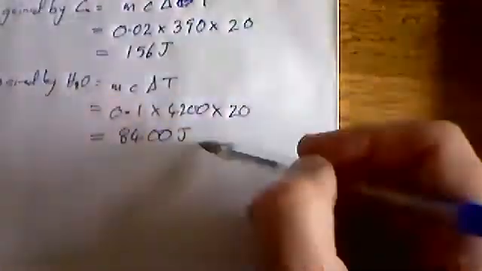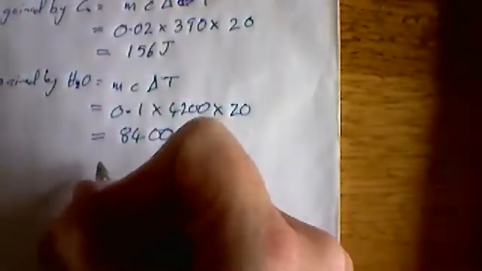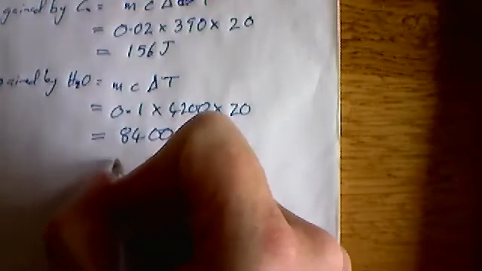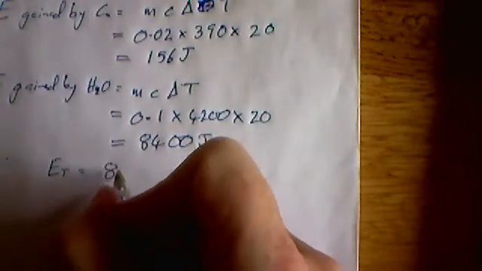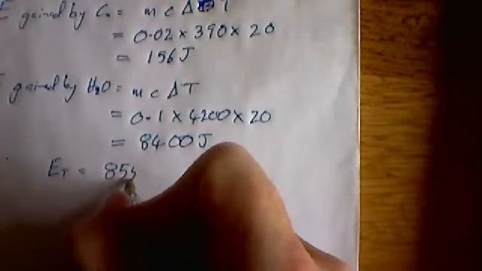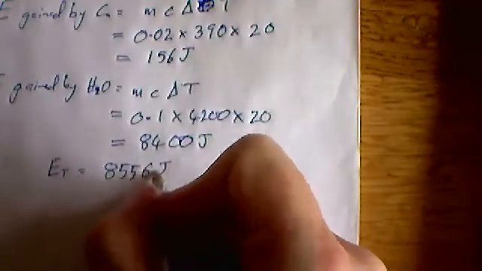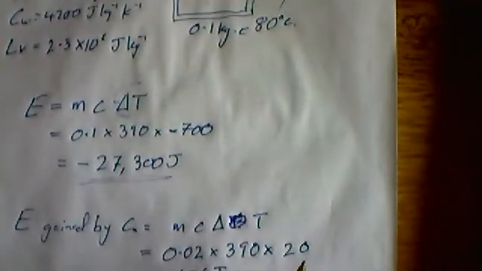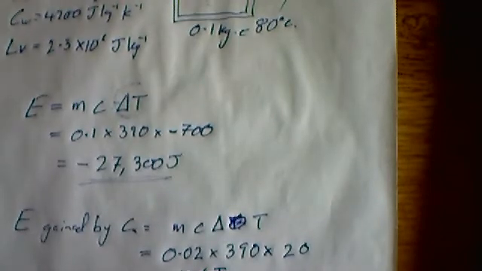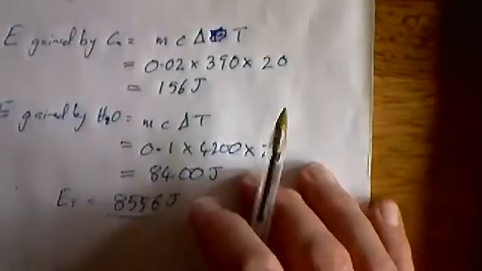So in total, our system here, in going up in temperature to 100 degrees, is going to get these two added together. Let's call it energy total for raising the temperature: 8,556 joules. But the energy that's gone in is 27,300. So the rest of the energy must go into changing water into water vapor.